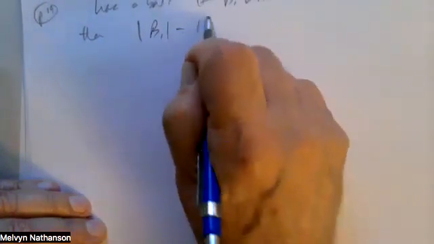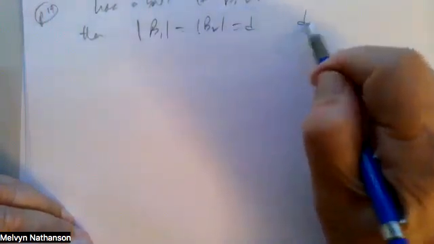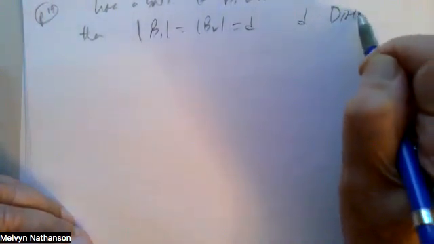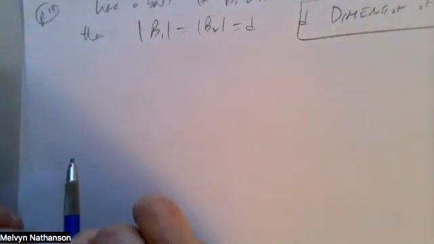If B1 and B2 are bases for W, then the cardinality of B1 equals the cardinality of B2. If we call this number d, d is what is called the dimension of the subspace W.